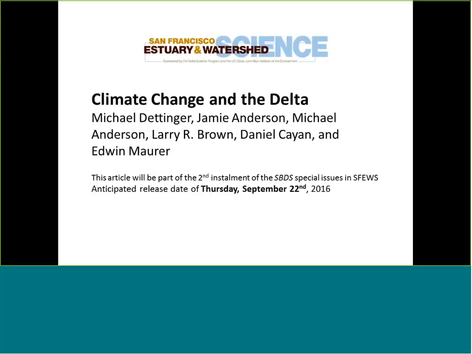Okay, so I just wanted to read you a brief bio. Mike is a senior research hydrologist for the U.S. Geological Survey's National Research Program, a resident scientist at the University of Nevada, Reno, and a research associate at the Scripps Institution of Oceanography.